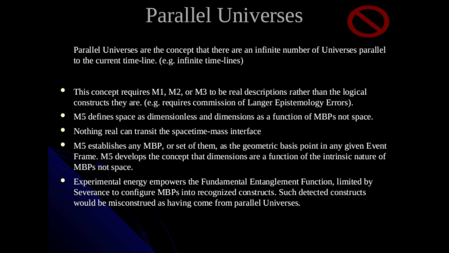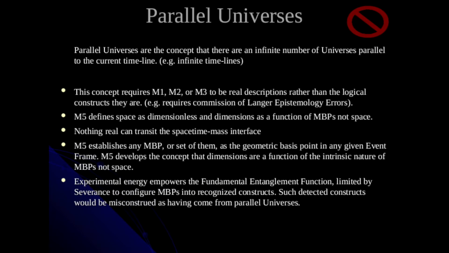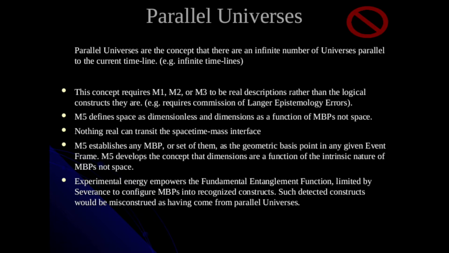They're simply making assertions based on the fact that they've committed Langer epistemology errors, and it's a bad news bears kind of thing all the way around. But the good news is we now understand the framework and the epistemology in the context of the unified universe, and we can hopefully correct these things in the going forward kind of effort.